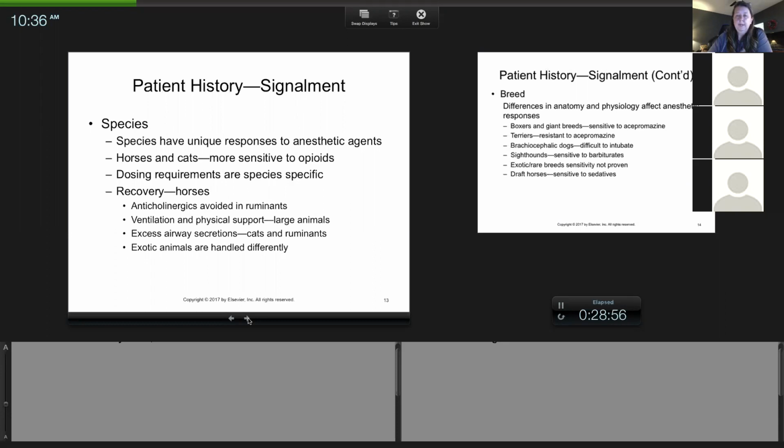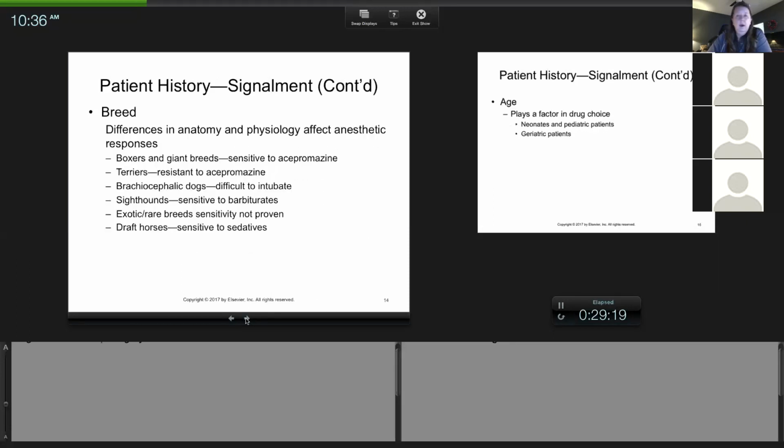I'm going to get into this: large animals need to be ventilated more because of the weight on their lungs. They almost always go on a ventilator for anesthesia. Cats and ruminants make a lot of saliva, and exotics are a whole different ballgame. We'll get into these deeper when we get into these topics.